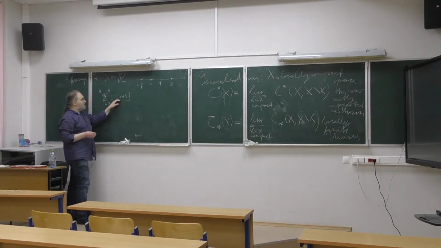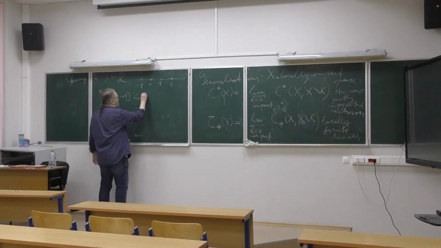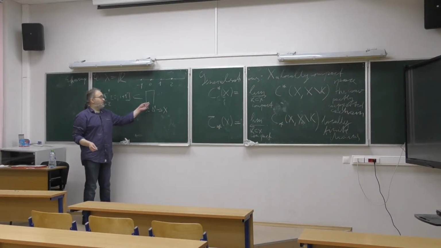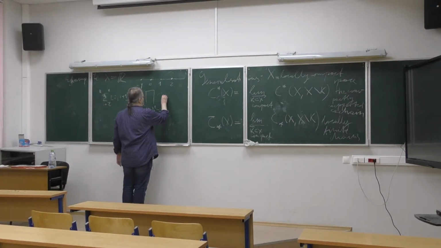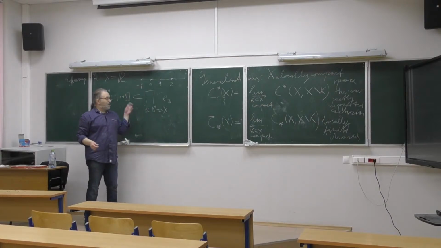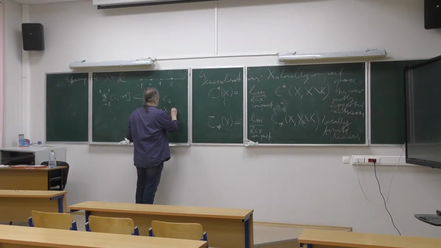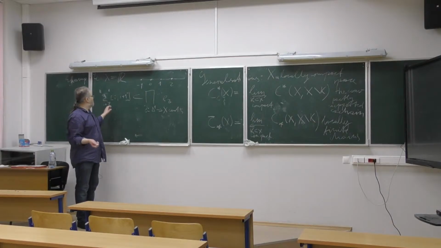Now this is not really a sum. This thing belongs to the direct product, not the direct sum, of as many copies of Z as there are continuous maps from delta 1 to X. This group is enormous, gigantic. It doesn't matter.